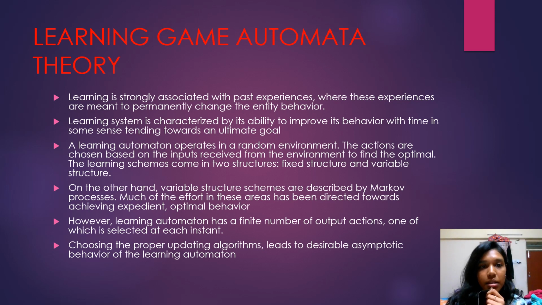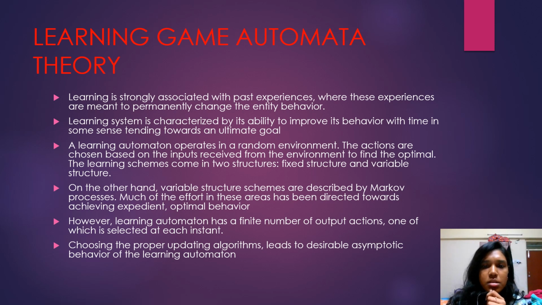Learning game automata theory. Learning is strongly associated with past experiences. A learning system is characterized by its ability to improve its behavior with time in some sense. A learning automata operates in a random environment. On the other hand, variable structure schemes are described by Markov process.